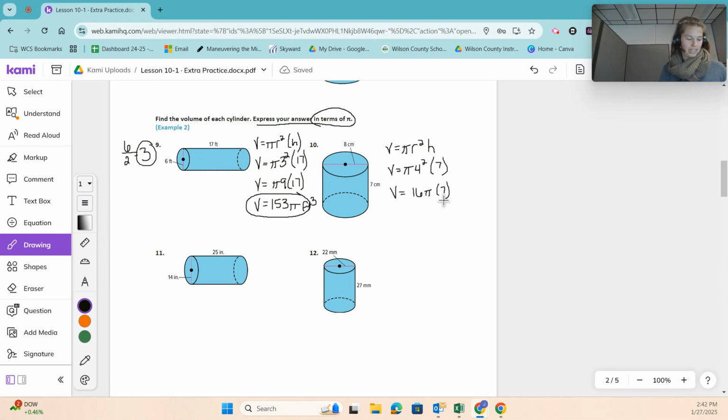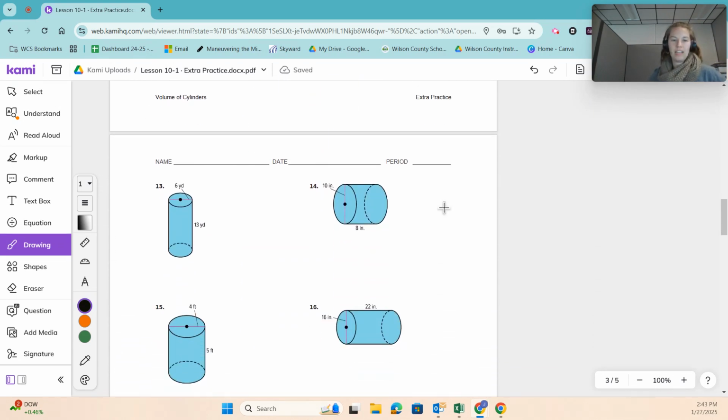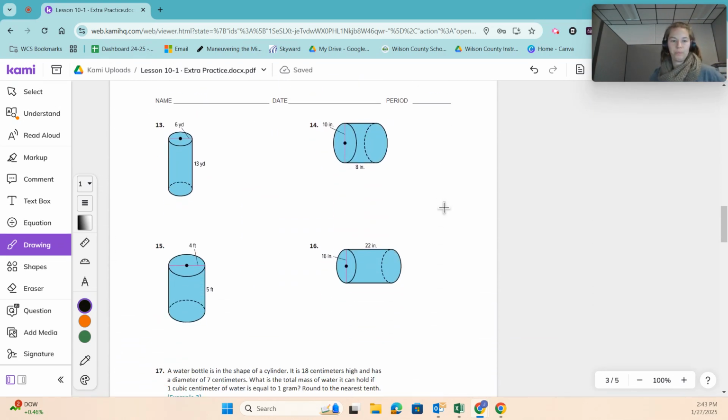And 16 times 7 is 112, so my volume is 112 pi centimeters cubed. Okay, centimeters cubed is my units there. Okay, a couple more you can try like that, and several more down here too.